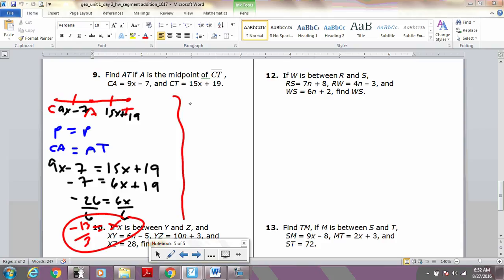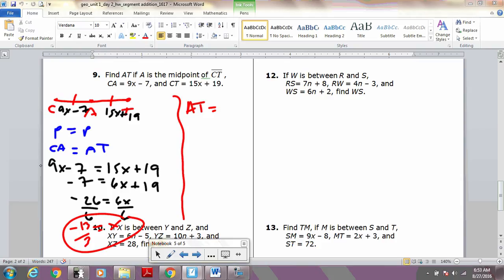So now you're going to find AT. I recommend using the fraction version so that your answer will be more accurate. Ooh, AT is the union of CA and A. I'm sorry. No, ignore.